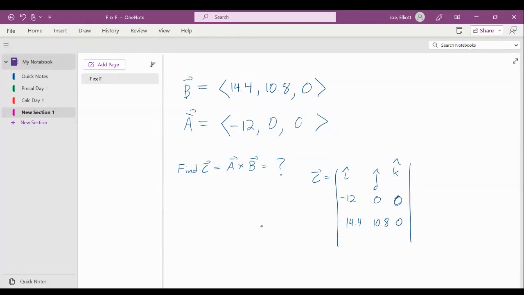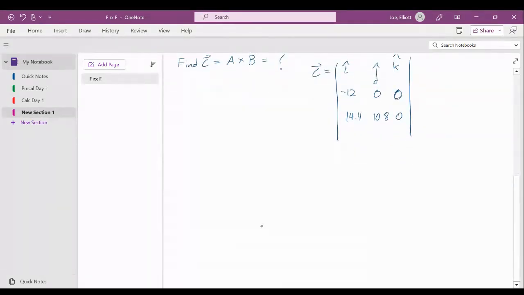Okay, so for CX, we're going to cross out the top row and the first column because X is first, and then take the determinant. So 0, 0, 10.8, and 0. And if we multiply the diagonals and subtract them, the answer for this one will be 0.